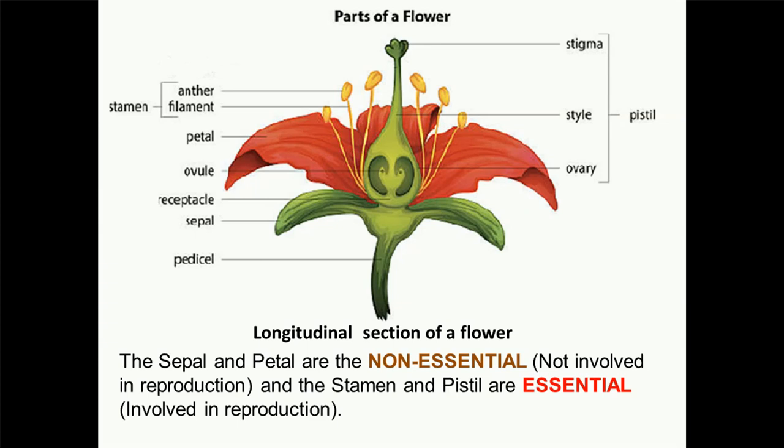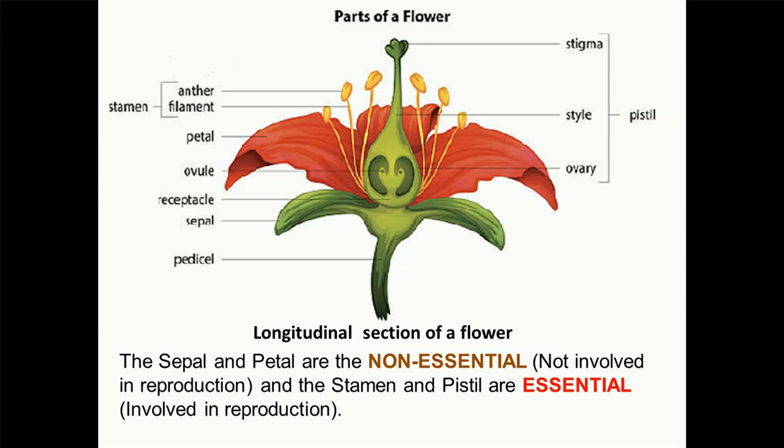Apart from that, we have other floral parts such as the sepal, which is the green leafy like part. We have the petal, which is the red colorful part, and we have other parts such as the flower stalk or pedicel, which attaches the flower to the plant, and we have the receptacle where all the floral parts are arranged. So as a student, you should be able to draw and label this structure correctly.